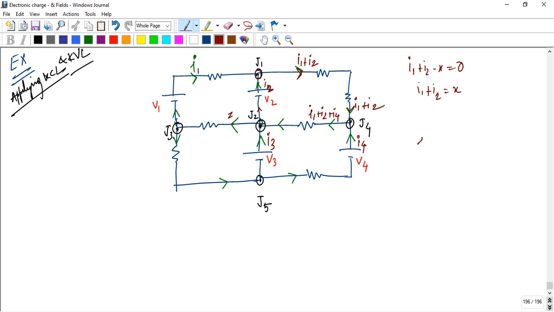So here at J2 KCL, I1 plus I2 plus I4 enter from this branch, and obviously plus I3, minus I2 leaves, and Z also leaves, minus Z equal to 0. So I2 cancels. So Z equal to I1 plus I3 plus I4.